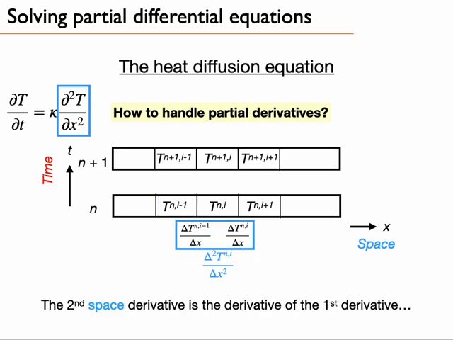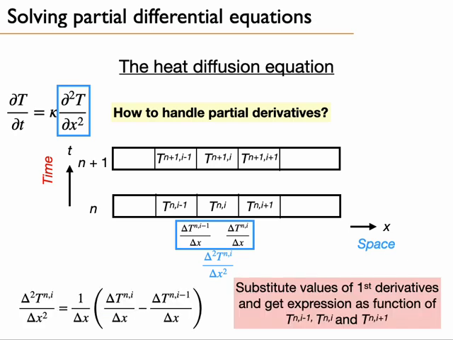What is left to be done is to compute the second order derivative, which is nothing else than the derivative of the first derivative. So if you know this one and you know this one, both of them were easy to compute. You can also know that one because it's the difference between this one and this one divided by delta x. So let's do it.